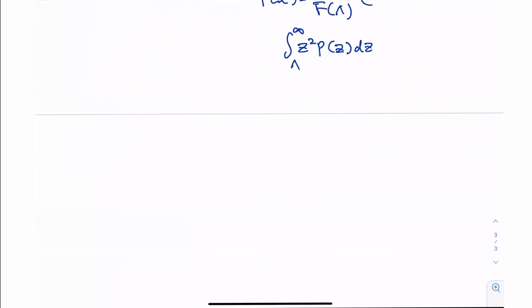Let me just try to draw something. Suppose we are in a one-dimensional system. We have a bunch of particles, maybe somewhere here, and I'm just trying to randomly draw some particles.